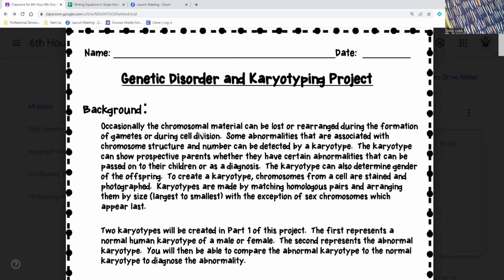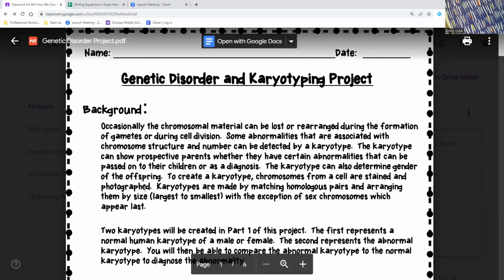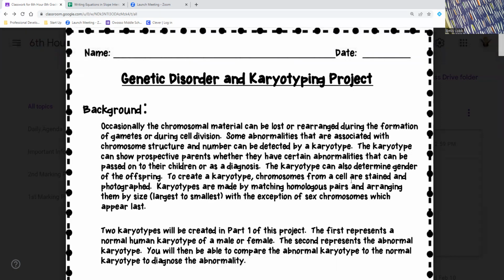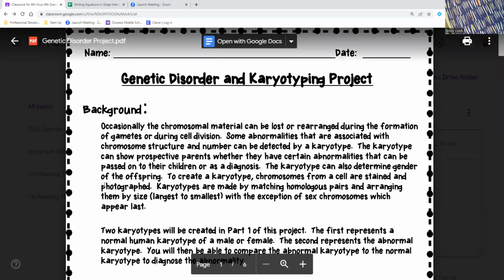So some abnormalities that are associated with chromosome structure and number can be detected by a karyotype. The karyotype can show prospective parents whether they have certain abnormalities that can be passed on to their children or as a diagnosis. The karyotype can also determine gender of the offspring.